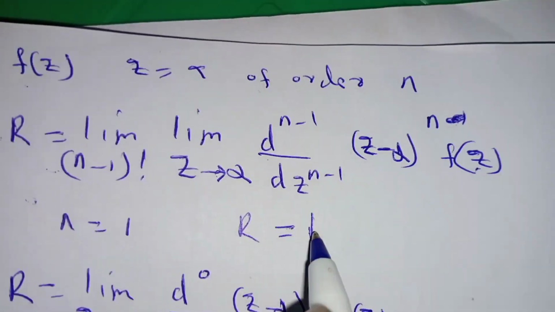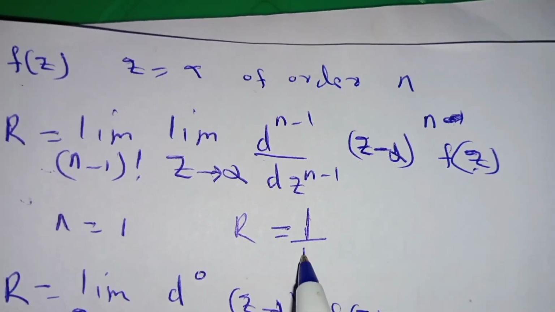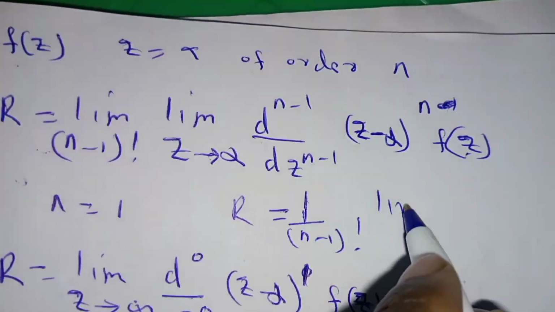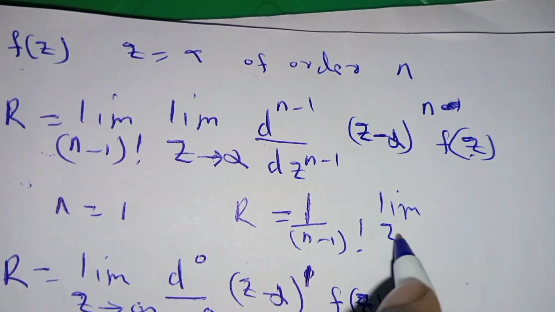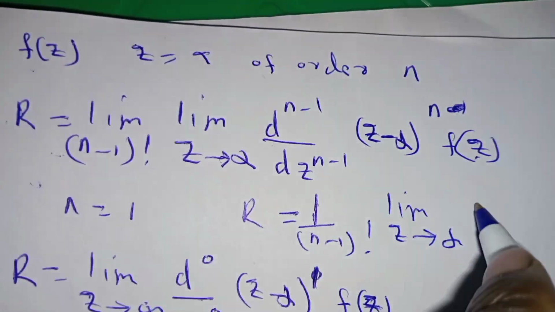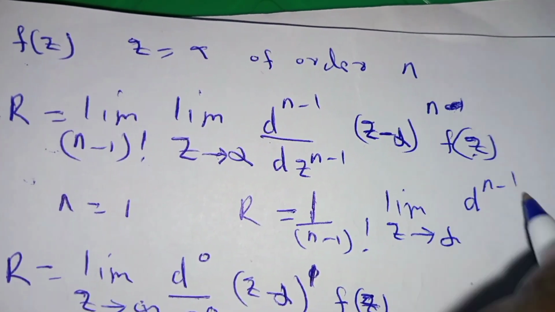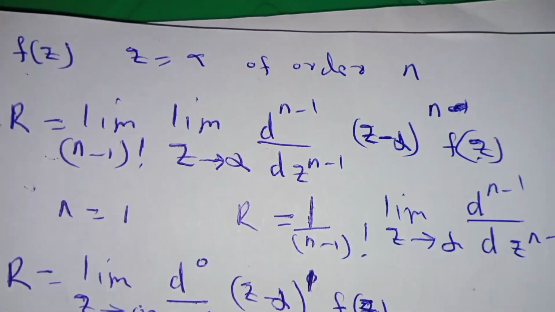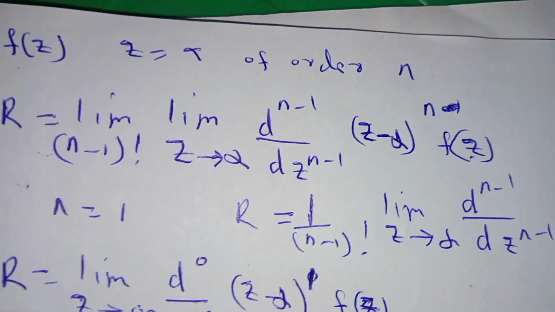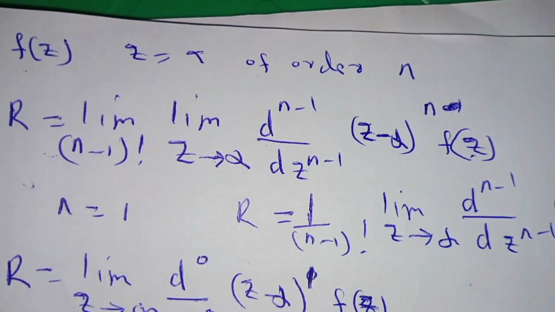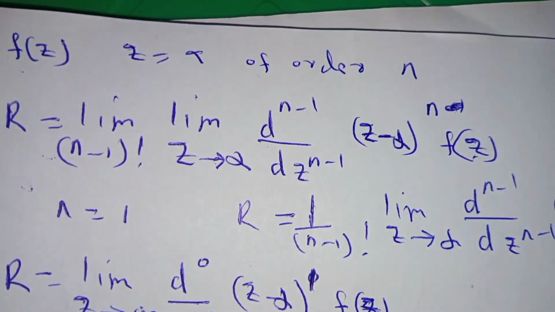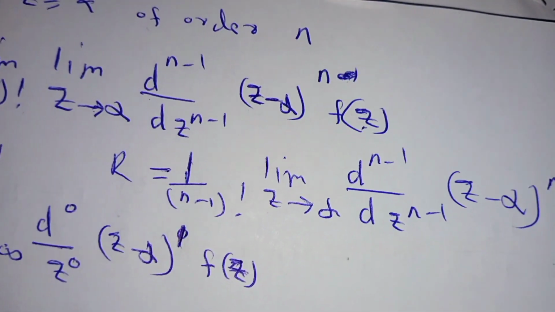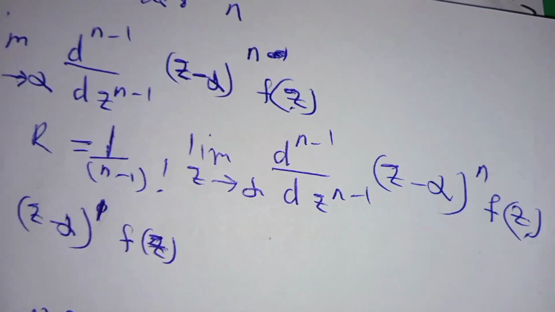The residue is given by 1 over n minus 1 factorial, limit as z tends to alpha, of the derivative of order n minus 1 with respect to z of z minus alpha power n, then you multiply by f of z. That is the general formula for obtaining the residue.